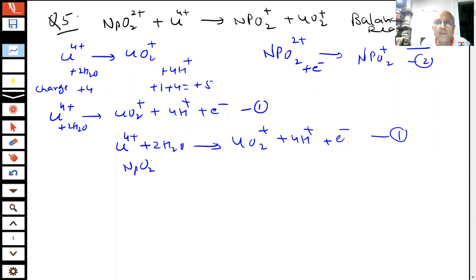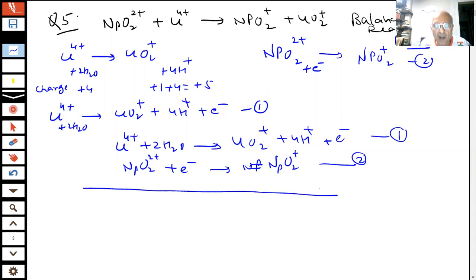NpO2 2+ plus an electron gives NpO2+. Equation 2. Add the two then.